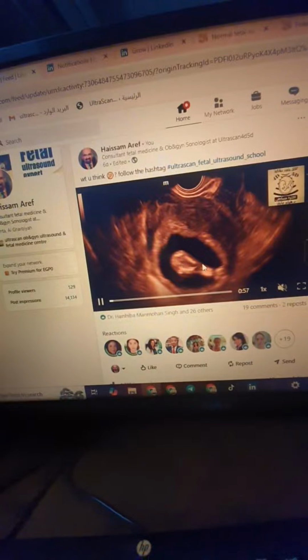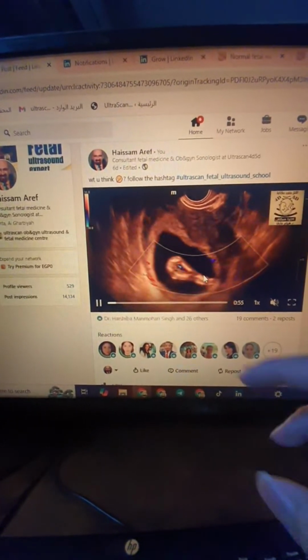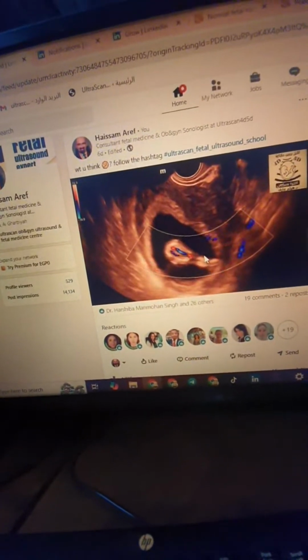And here you see Dr. Bawana Garag saying it is with the vitelline artery. And yes, this is the vitelline artery. So we do have here a vitelline artery, which is noted.